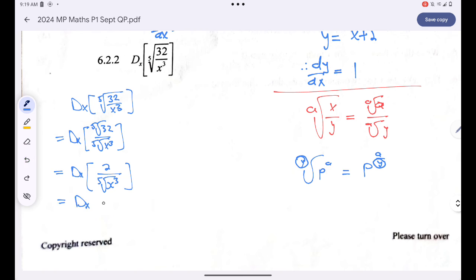So problem number 1 will be solved because I can write this as 2 all over x to the power 3 over 5. Now the variable I'm supposed to derive is no longer in surd form.